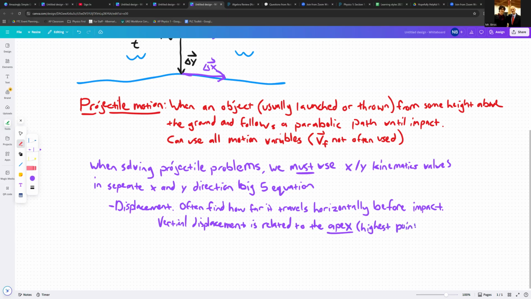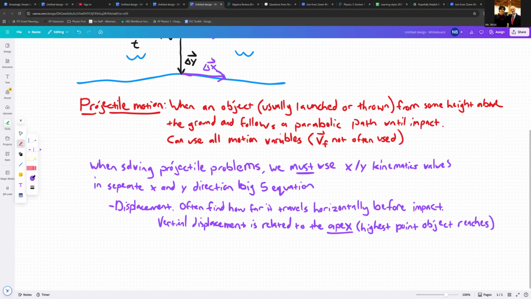When we draw some examples later on and actually visually depict projectile motion, we'll point out that apex, that highest point the object reaches. So from launch until the object reaches its apex, there's a vertical displacement there, because it starts off launching, goes upwards, and travels upwards through a vertical displacement until it gets to that highest spot. So those are a couple things that we tend to see with displacement.